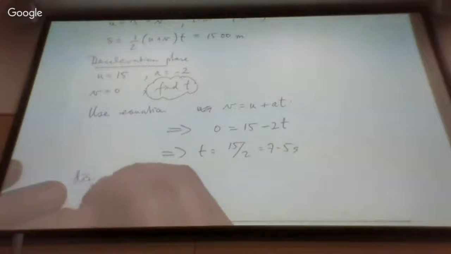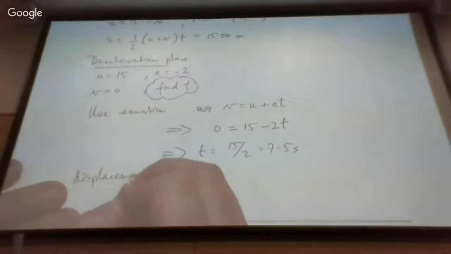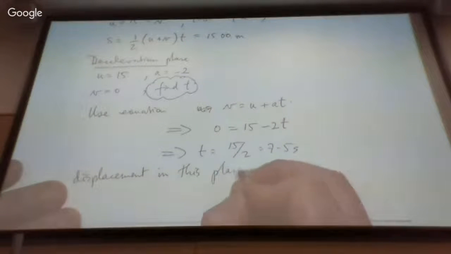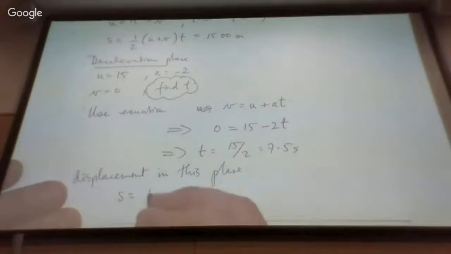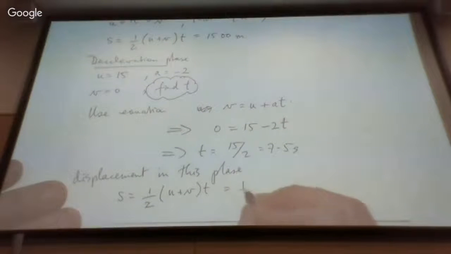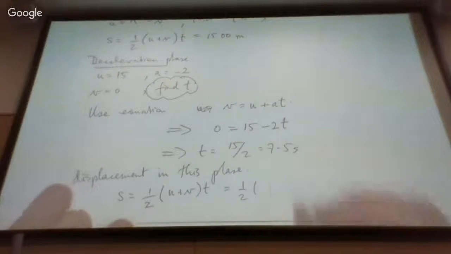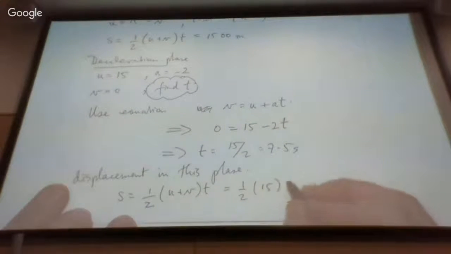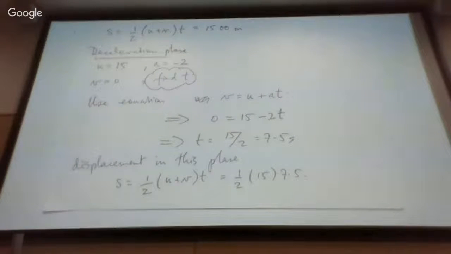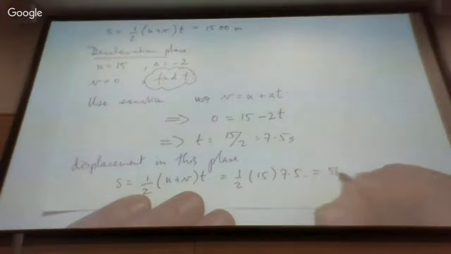So the displacement in this phase, well, we could take that as s being the half of u plus v times t. There's a half times 15 times t, which is 7.5. So multiply those out, you get 56.25 meters.